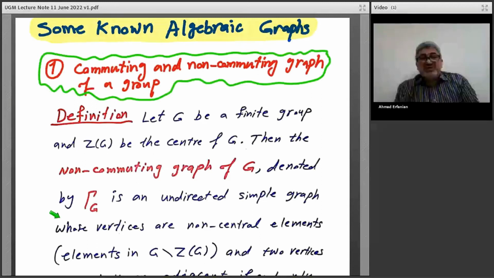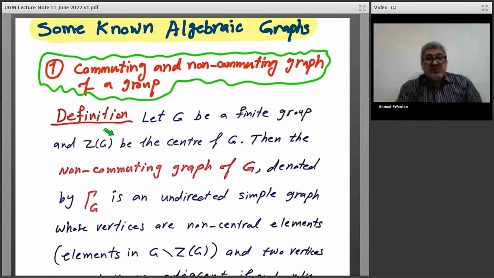Anyway, let me just start introducing algebraic graphs. Now, the first graph which I'm going to introduce is the commuting and non-commuting graph associated to a group.